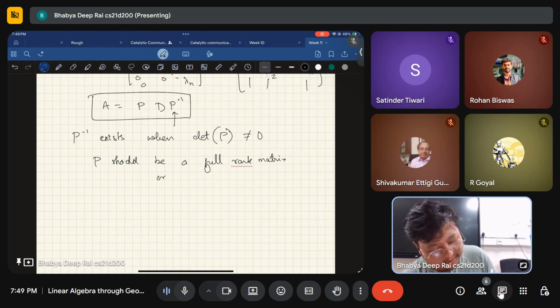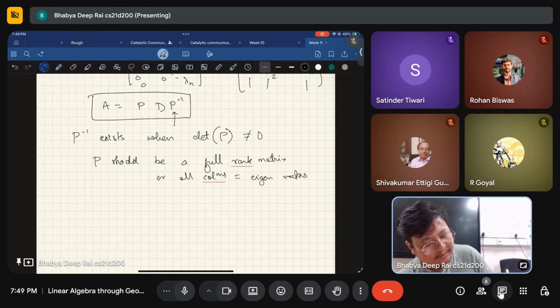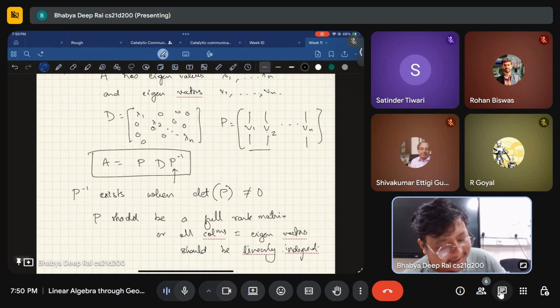or all columns, which are nothing but eigenvectors, should be linearly independent. So as long as you can get the eigenvectors to be linearly independent, you are good to go.